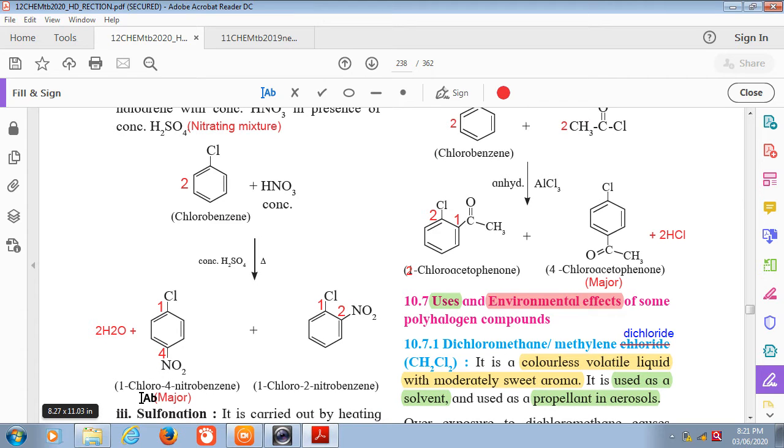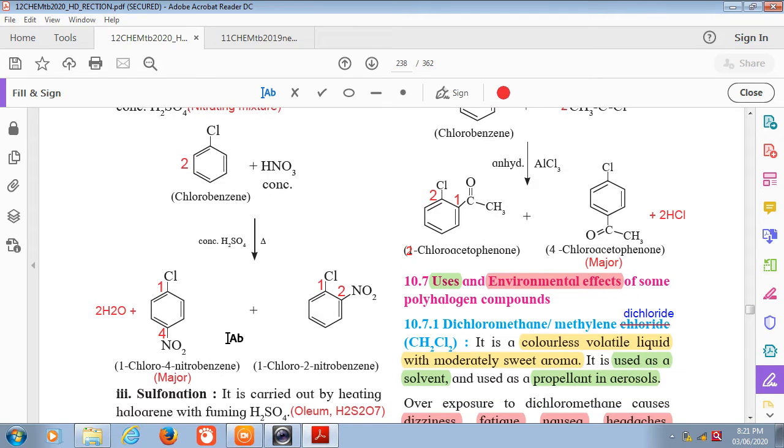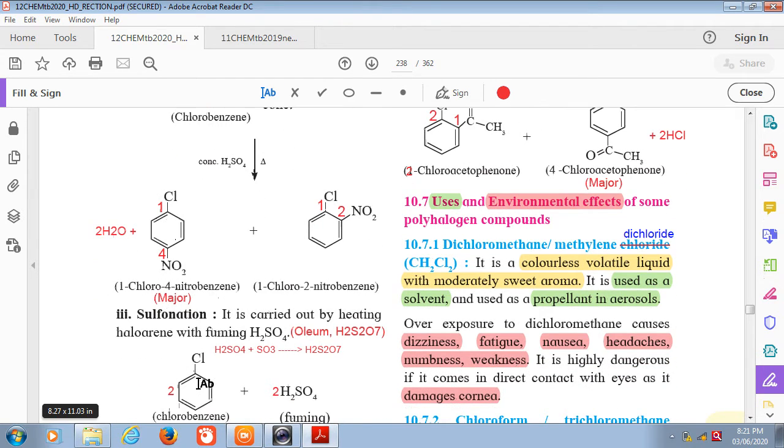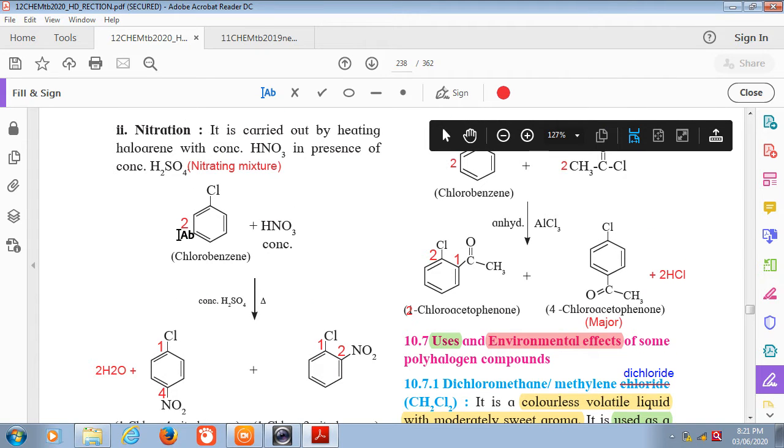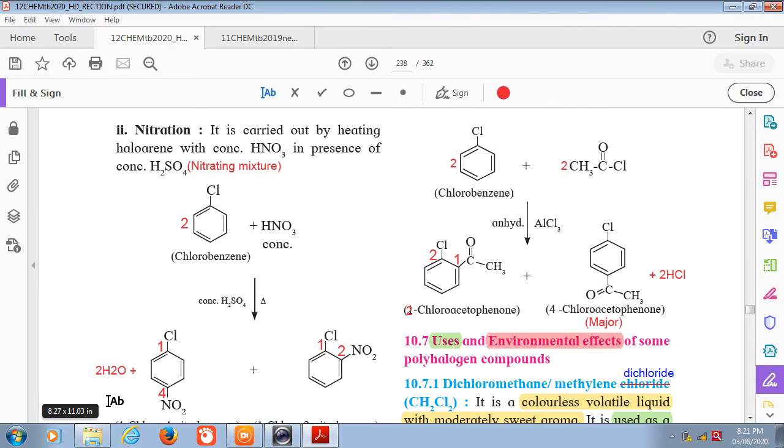So we get 1-chloro-4-nitrobenzene when hydrogen at the para position is replaced. If hydrogen is replaced from the ortho position of chlorobenzene, we get 1-chloro-2-nitrobenzene. So due to steric hindrance, the para substituted product is the major. That's why 1-chloro-4-nitrobenzene is the major product. Remember the balancing of the reaction. For balancing, you have to write 2 chlorobenzene and the byproduct is 2H2O. So always write the balanced chemical equation.